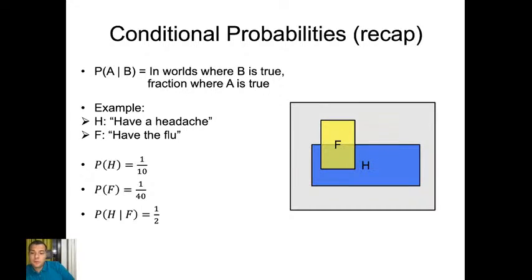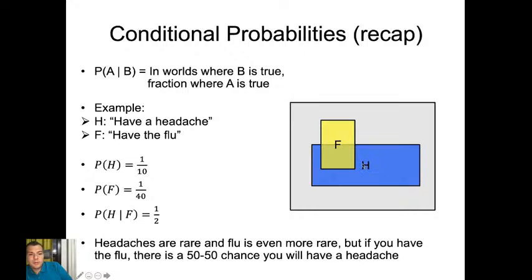So how is this computed? We assume that f is a true event, so this is the space of all probable events. The probability of f is 1 over 40, so it's a small piece in this space. And if this event happens, the question is, what's the probability of h, that h happens when f is true?